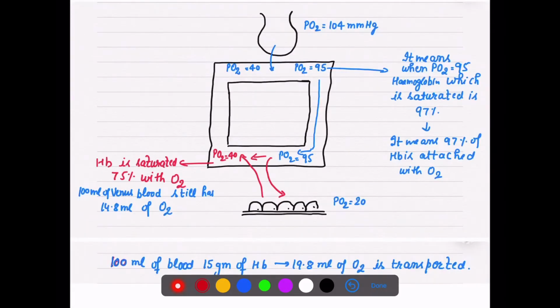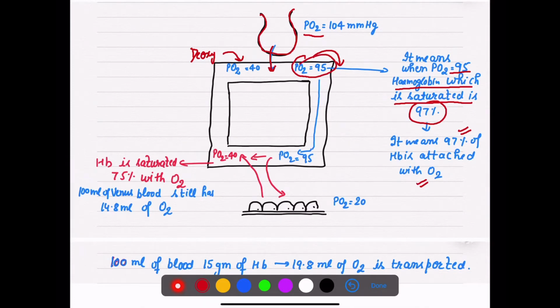Suppose this is your alveoli, the partial pressure of oxygen in the alveoli is 104. In deoxygenated blood the partial pressure of oxygen is 40, so now oxygen will move into the blood, and the partial pressure of oxygen will be 95. When partial pressure of oxygen is 95, the saturated hemoglobin is 97%. It means 97% of hemoglobin is going to attach with oxygen.